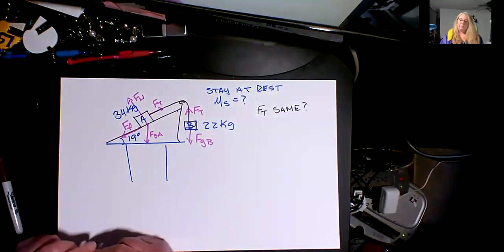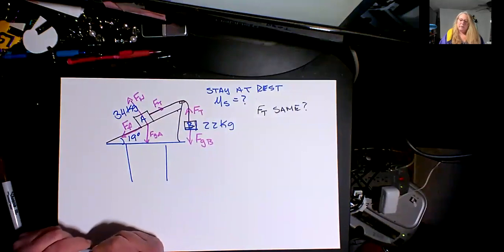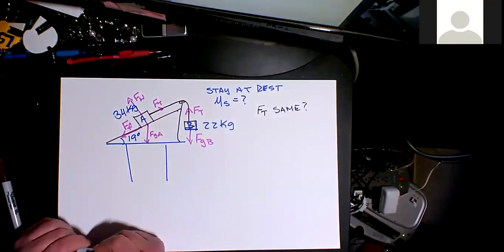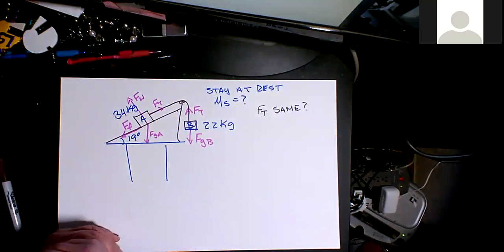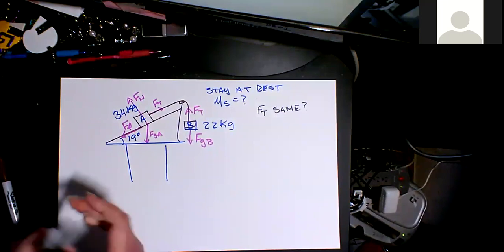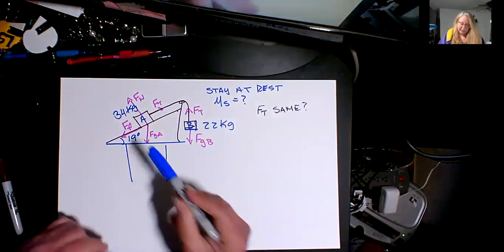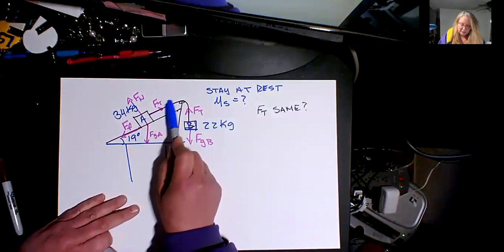What do you think? Well, with this, I know we were just talking about having equal and opposite. Okay. Would that apply in this case? Absolutely. So this line is connecting between the two.